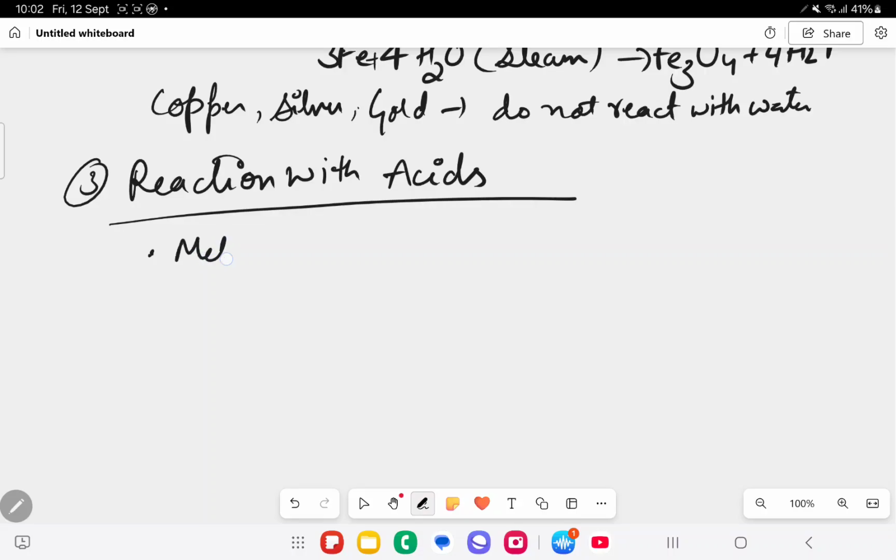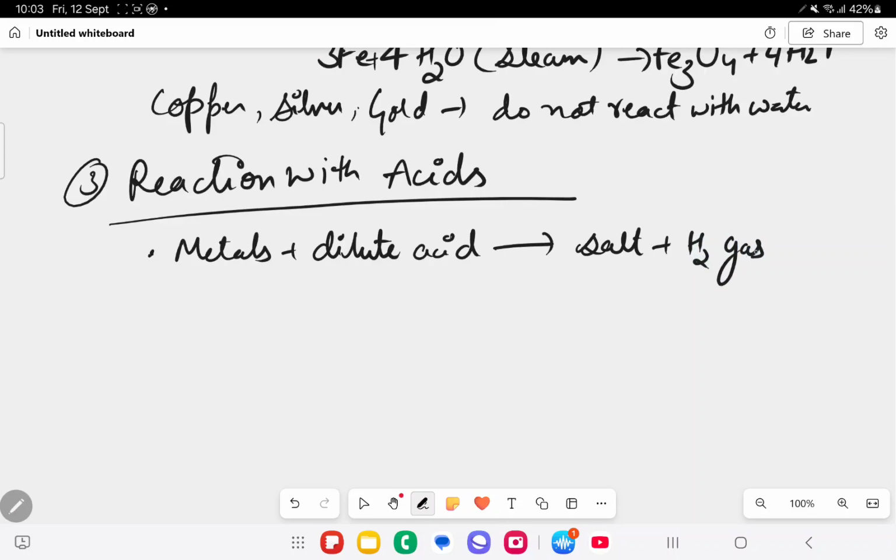If we take metals plus dilute acid, it will give salt plus hydrogen gas. Zn plus twice of HCl gives ZnCl2 plus H2.